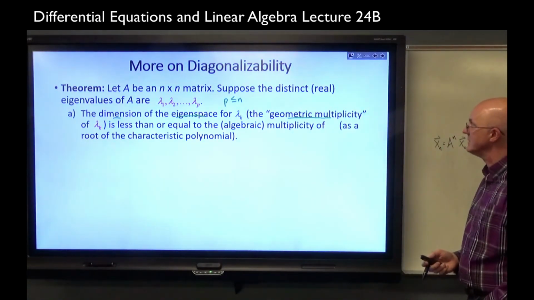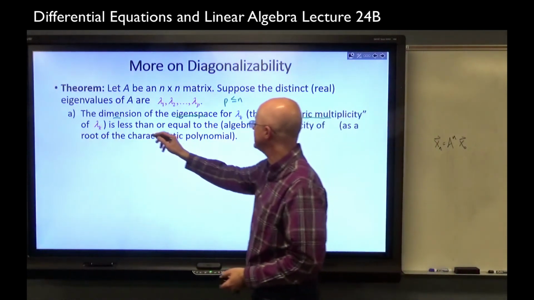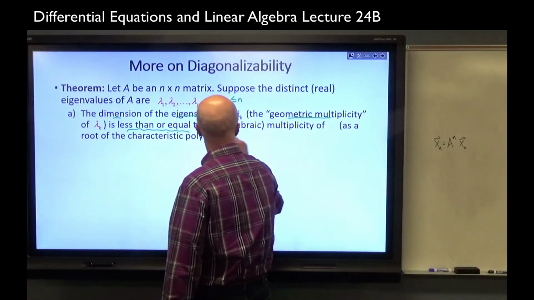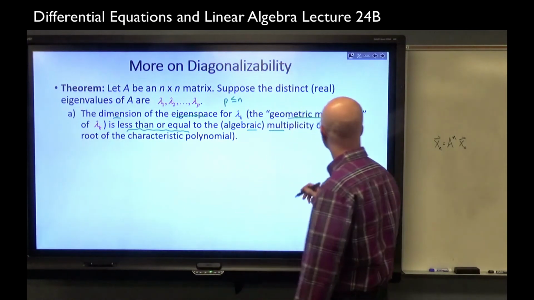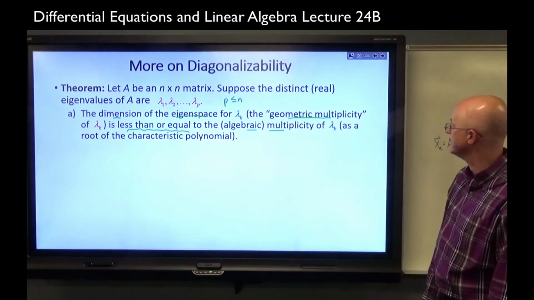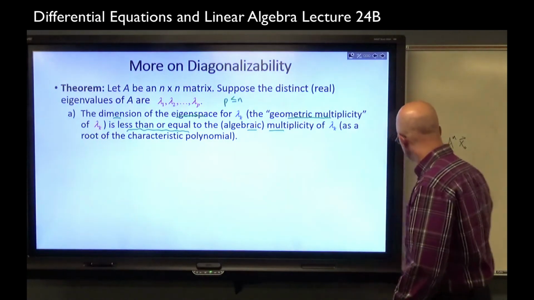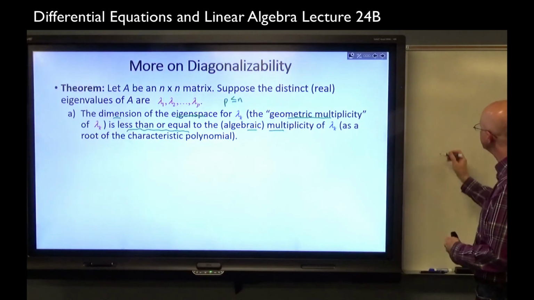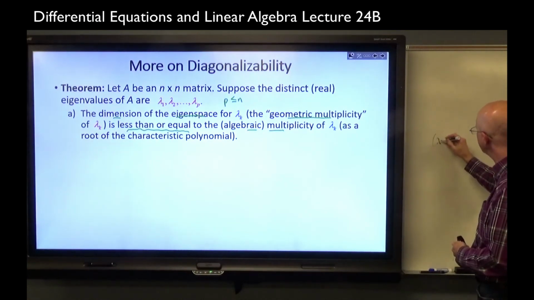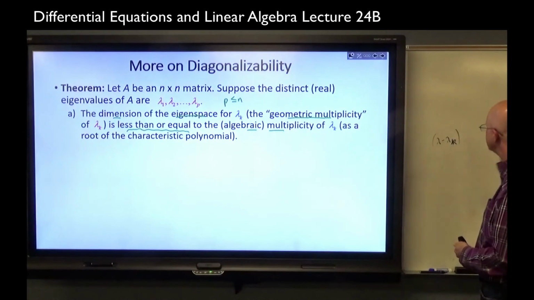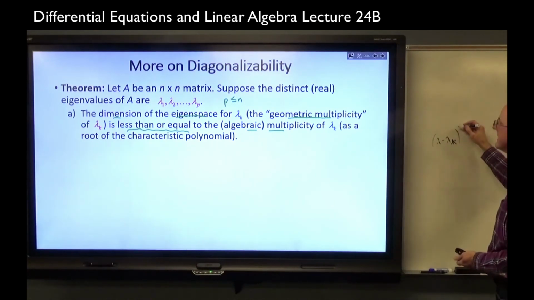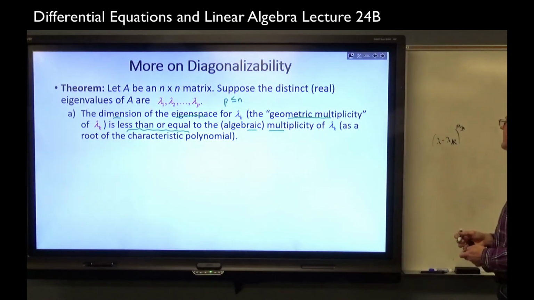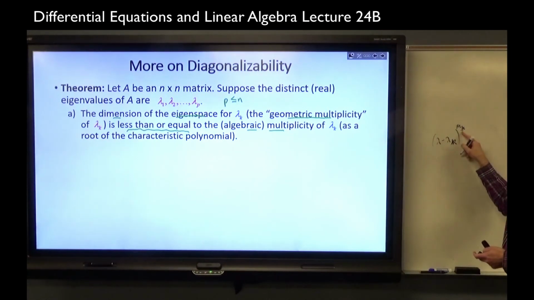But you can say in general that that dimension is less than or equal to the algebraic multiplicity of lambda k as a root of the characteristic polynomial. So that's saying if you got the characteristic polynomial and you factor it, and one of the factors is lambda minus lambda k to some power that I'll just call m sub k, the algebraic multiplicity of lambda k is m sub k.